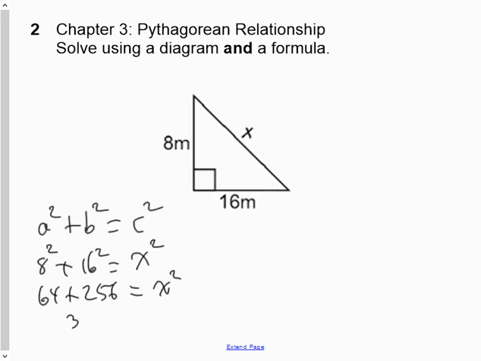And we end up with 320 equals x squared. Now at this point we know that we have to isolate for x, not for x squared. So we want to square root both sides. The square root of x squared is x, and the square root of 320 we learned was 17.9-ish. We put an approximately equal sign there. Okay, that's the work you needed to show for showing your formula for a Pythagorean relationship.